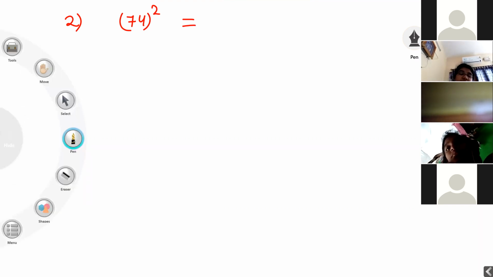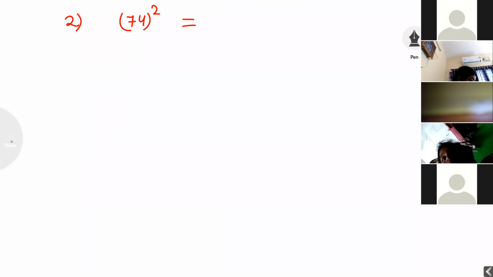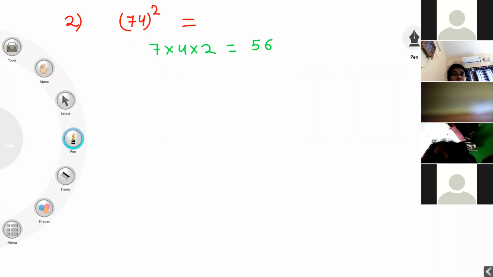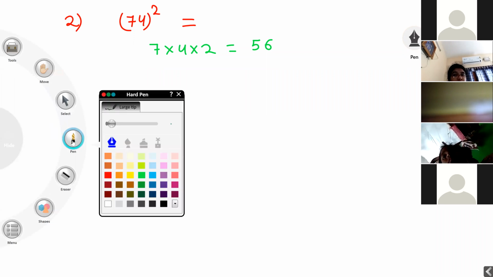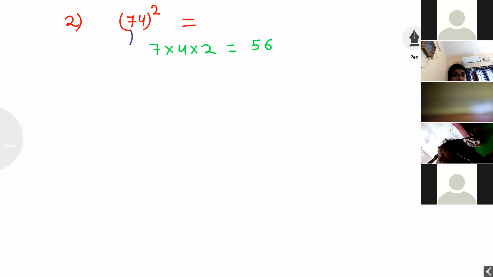First step, I want to multiply all three digits: 7 into 4 into 2. What answer has come? 7 4s are 28, 28 2s are 56. What is the first step? Whatever three digits they have given, I multiply: 7 into 4 into 2, 56 has come. What is the second step? I want to take the square of the ones place and the tens place.